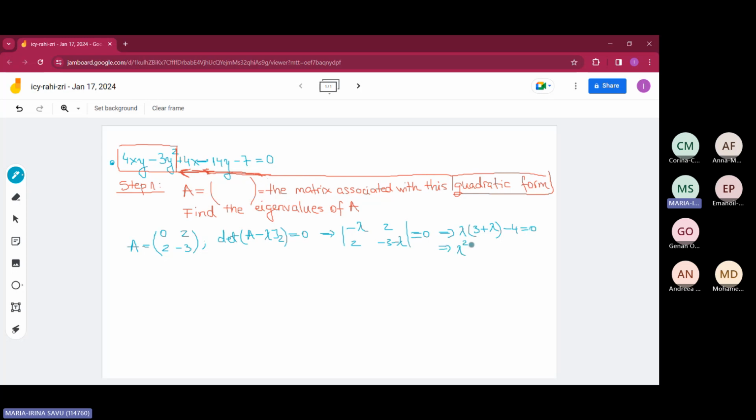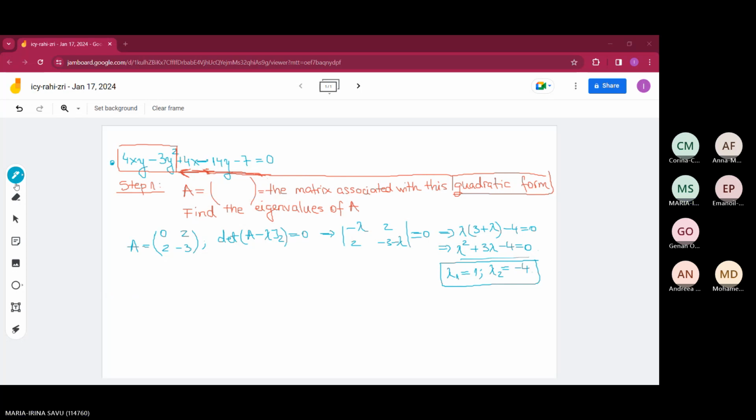So lambda squared plus 3 lambda minus 4 equals 0. And we have that lambda 1 is 1, because if you replace lambda by 1, you get 0 here. And lambda 2 is minus 4. The product is minus 4, the sum is minus 3. So these are the eigenvalues.